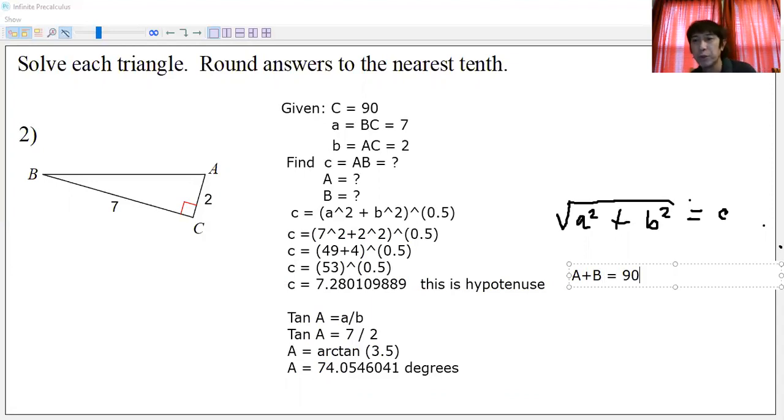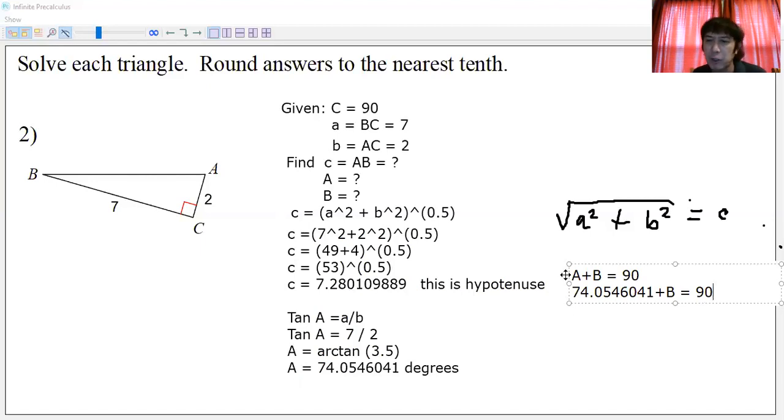And this is only true in a right triangle, and it's got to be both acute angles, the A and B. So we have the value of A, that's 74.0546041. And we will add the unknown B, and this must be equal to 90.